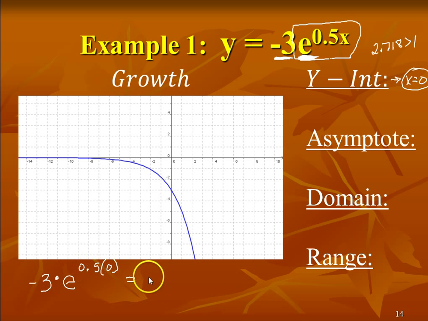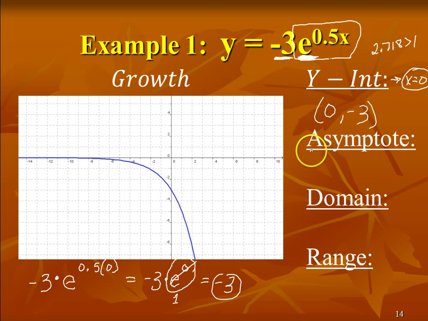Well, what is 0.5 times 0? 0.5 times 0 is just 0. So I have negative 3 times e to the 0. Anything to a 0 power, remember 0 power, it's like nothing's there. So anything to a 0 power is just 1. So negative 3 times 1 is negative 3.